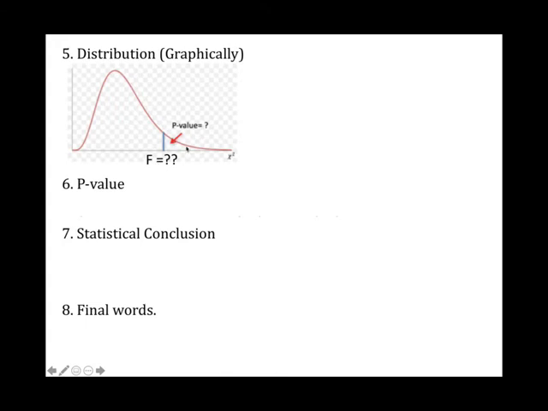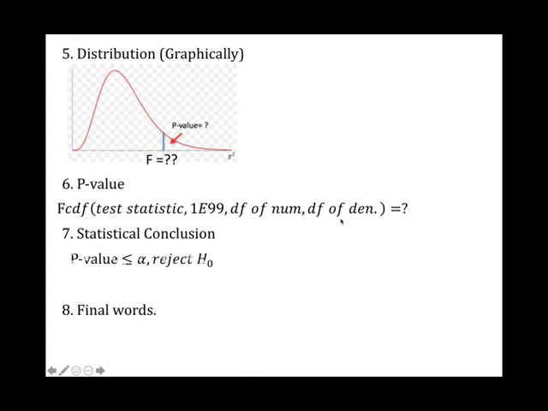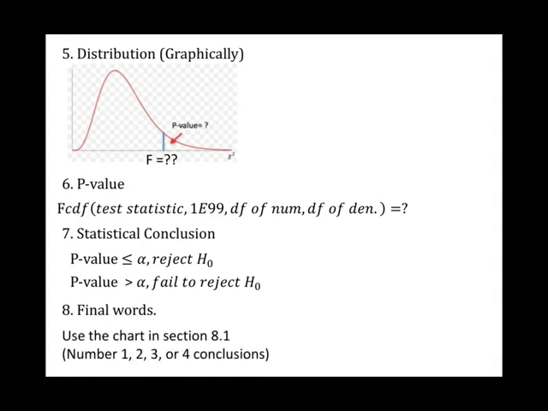That will be the FCDF of the test statistic to 1E99, degree of freedom of numerator, degree of freedom of denominator. Conclusion: compare with your significance level to see reject or fail to reject. Final conclusion is going to be from section 8.1, the 1, 2, 3, 4 conclusion.